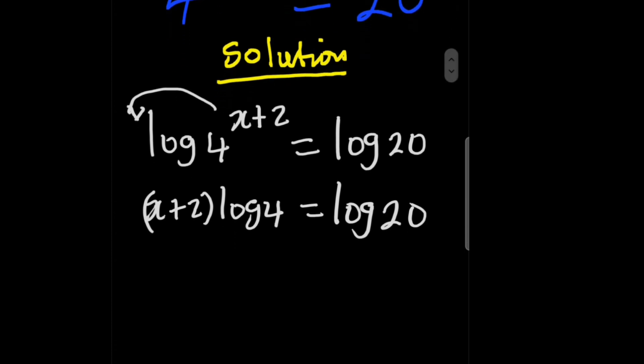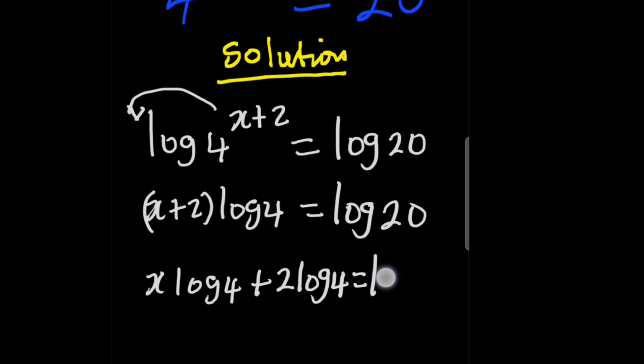Now, the next thing we're going to do is to distribute this log 4 into this bracket, to remove the bracket. So log 4 multiplied by x is going to give us x log of 4, then plus 2 multiplied by log 4 is going to give us 2 log of 4. So everything will be equal to the right hand side, which is log of 20. Now, we have x log 4 plus 2 log 4 equal to log 20.